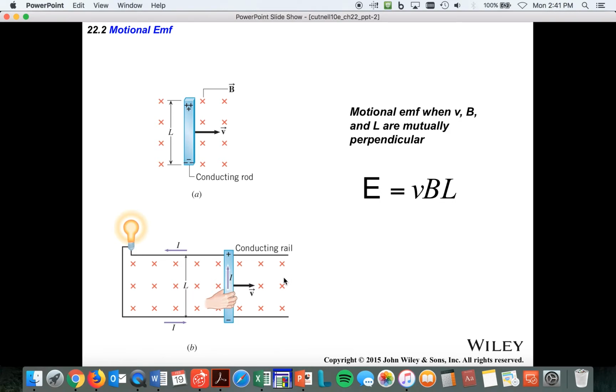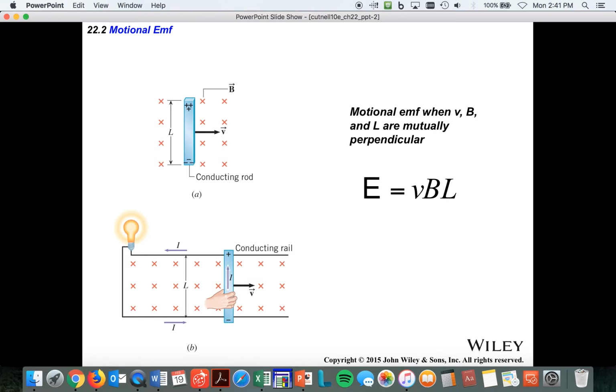When I'm pushing a bar along in a circuit like this, the EMF is equal to the velocity times the magnetic field times L. Because that's the voltage, which remember is equal to the electric field times the distance. Well, that starts to get really hairy.